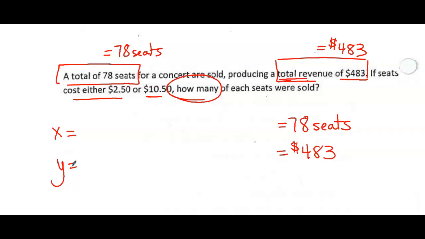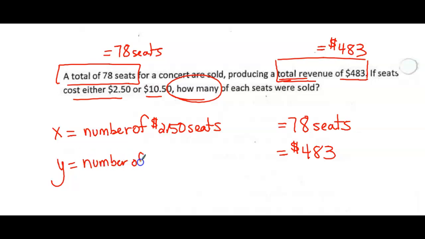So there is tickets or seats that cost $2.50. So this is the number of $2.50 seats because we don't know how many were sold. And Y is the number of $10.50 seats.